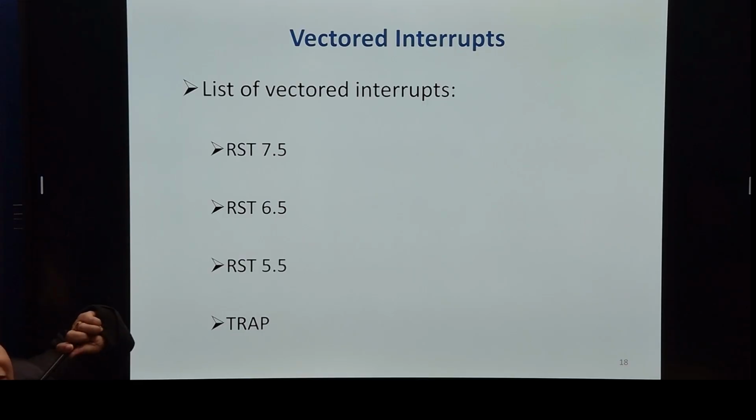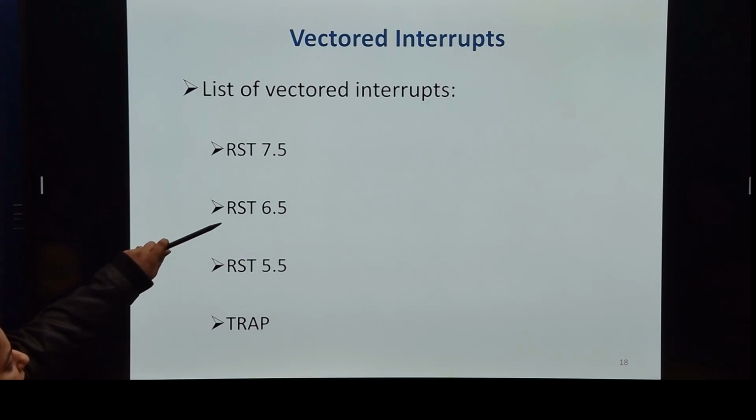The list of vectored interrupts is RST 7.5, RST 6.5, RST 5.5 and TRAP.